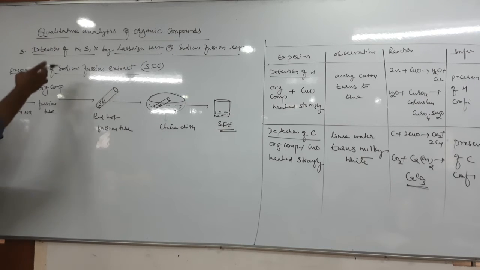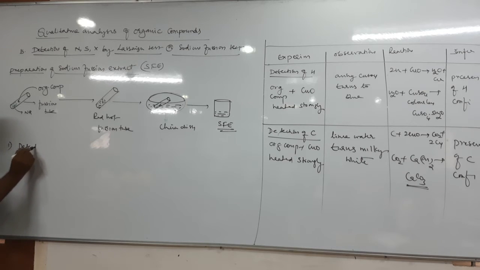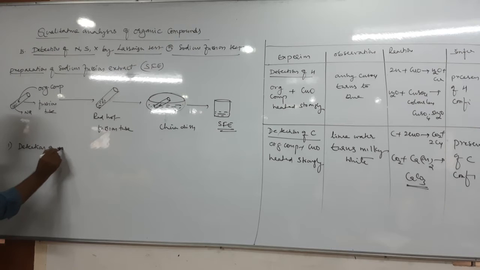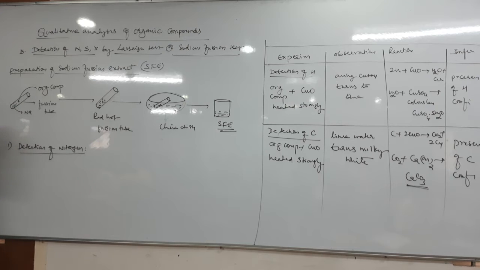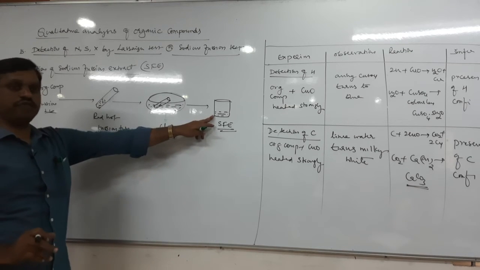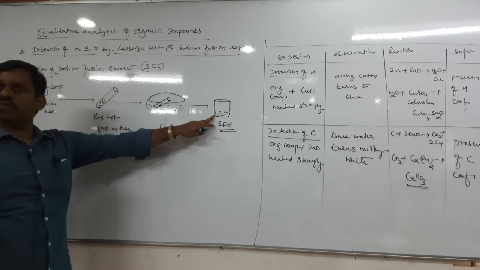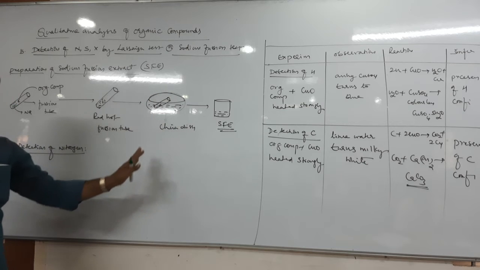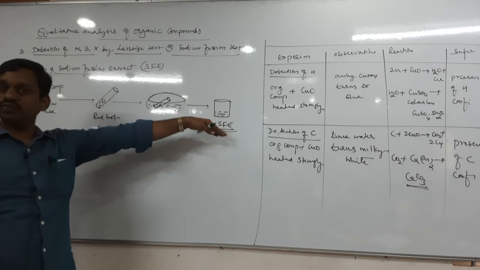Now let's see detection of nitrogen. To detect nitrogen, what do we take? SFE. We don't take the organic compound now. The organic compound we have converted into an ionic compound, right?